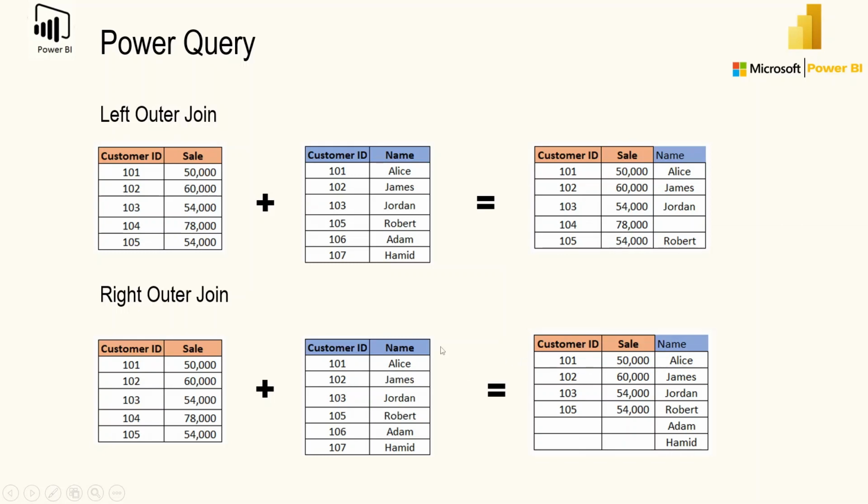from the sale table. Like Alice is there, 101 is there, 102 is there, 103 is there, 105 is there. 106 and 107 aren't available in customer ID, therefore it gave me the name but gave me blank in customer ID and sale.